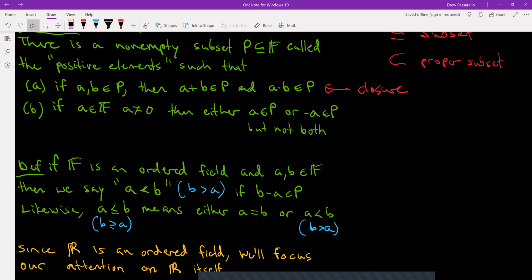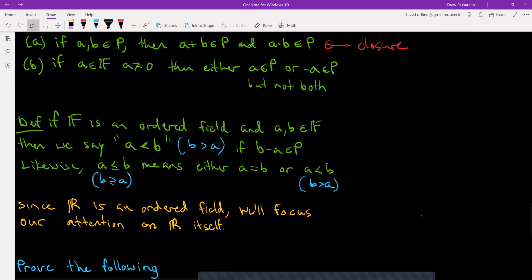So now we've used this ordering on the field. We were dealing with fields at first, but now we're dealing with ordered fields, and we're calling this thing A less than B, or in parentheses, B greater than A, and it's based off of the positive elements.